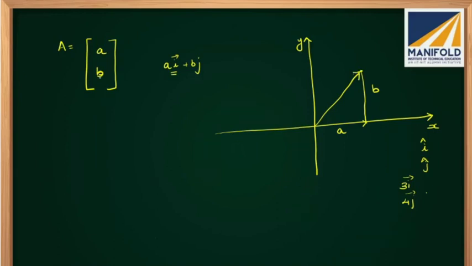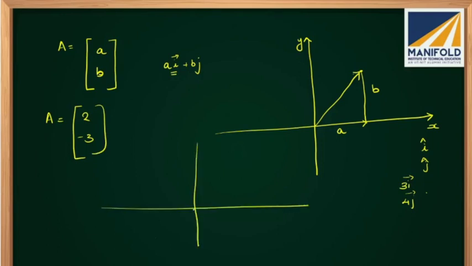That is actually a geometric picture of these discrete numbers A and B. Suppose I take an example. Let us consider a column 2, minus 3. What should be the vector which comes to your mind? It should be 2 units in the x-axis and minus 3 units in the y-axis. Y is positive upwards, so negative means the opposite side. So 2 units in the x-axis direction and 1, 2, 3 units in this particular direction.